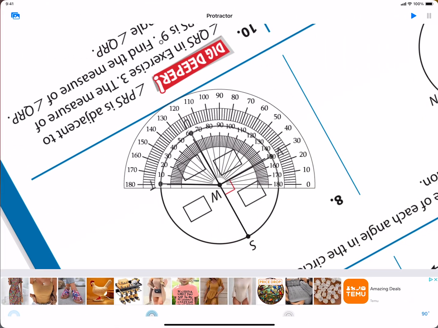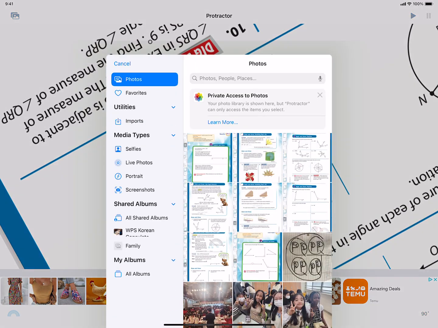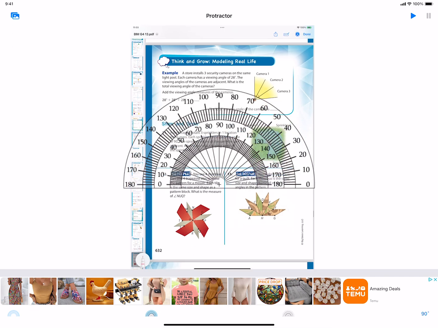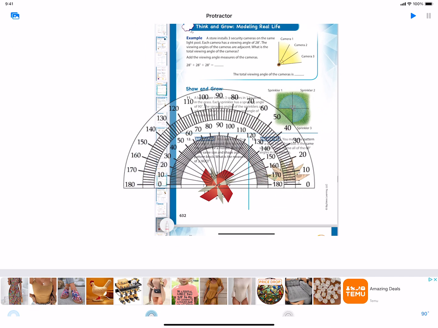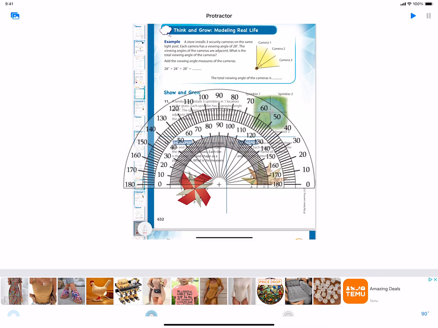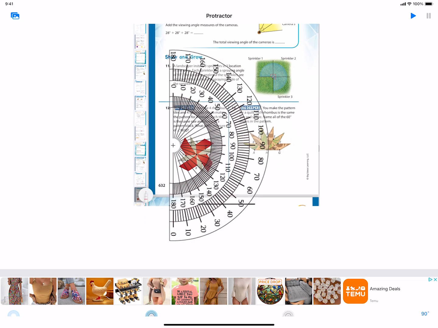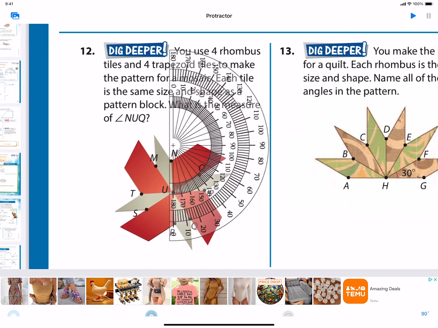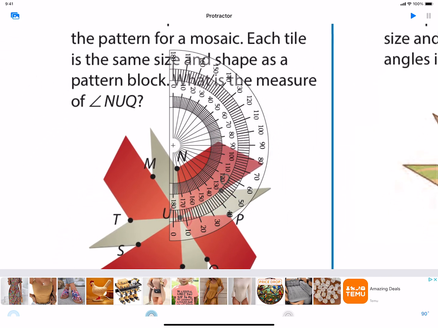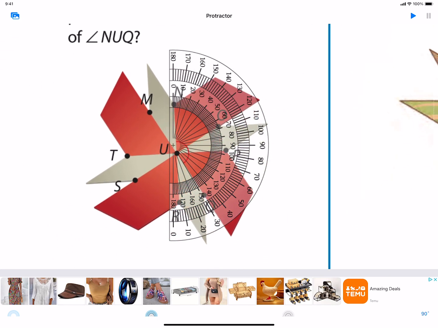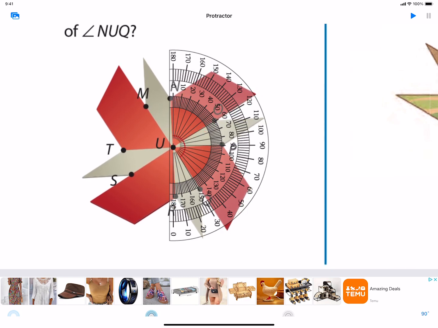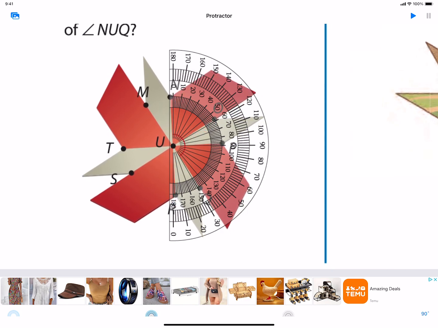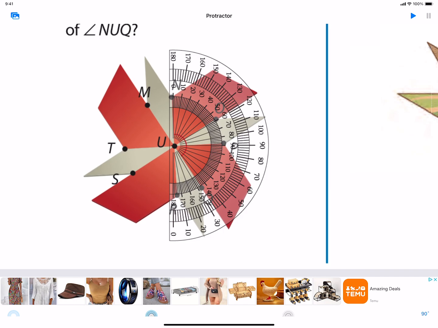We have to measure with this protractor. And I'm going to use this way. I'm going to use ray NU, or line segment NU, with U as my vertex. And oh, this is not straight.